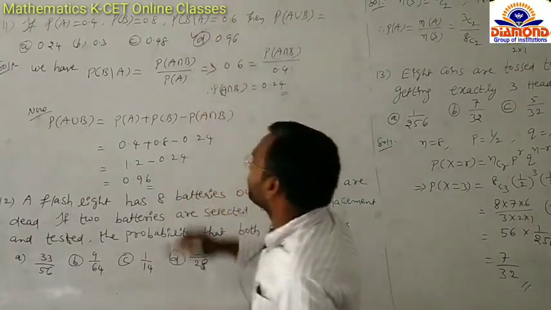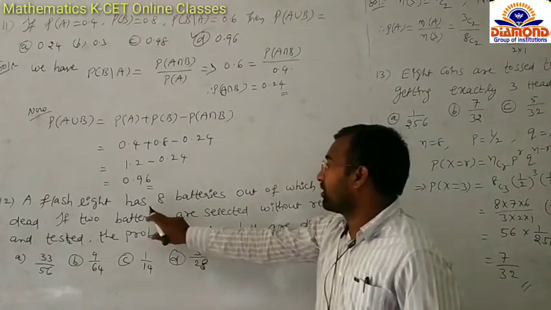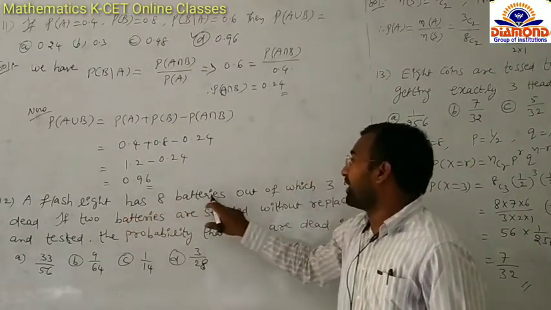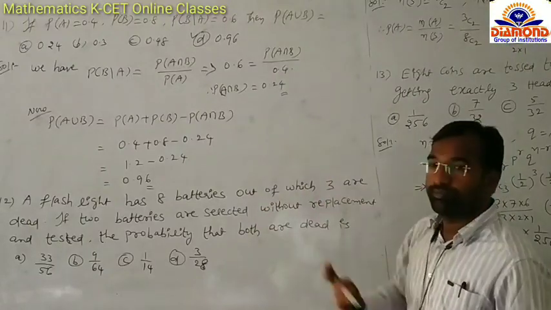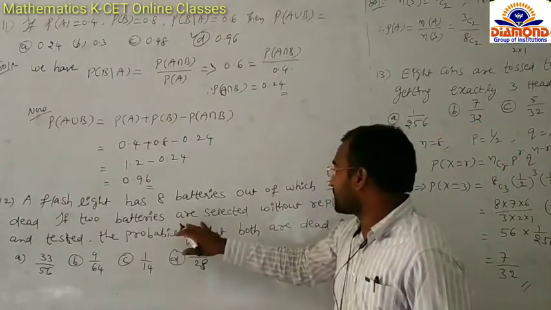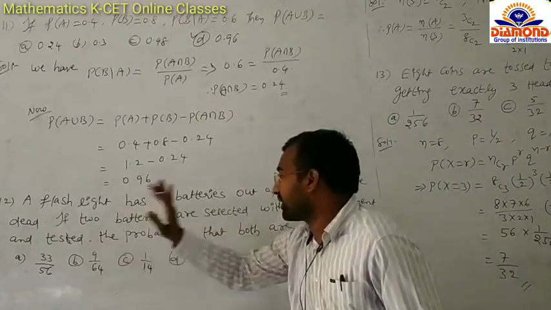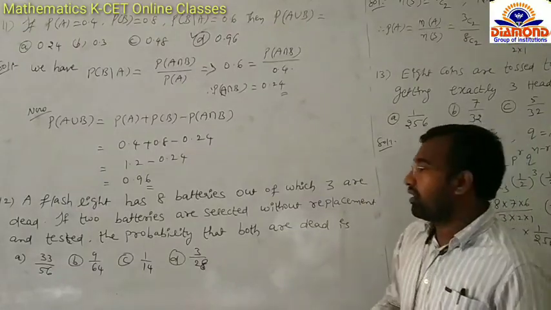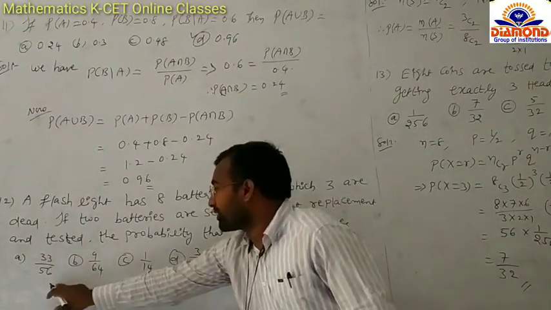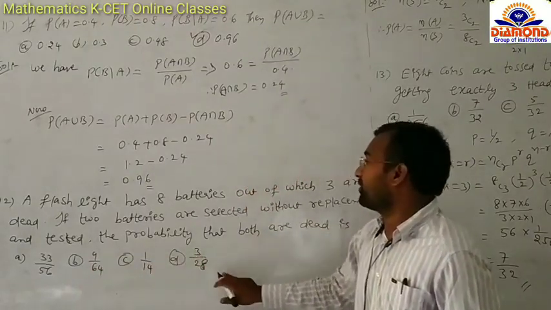Option D. Next problem. A flashlight has 8 batteries, out of which 3 are dead. If 2 batteries are selected without replacement and tested, the probability that both are dead is option A 33 by 56, option B 9 by 64, option C 1 by 14, option D 3 by 28.